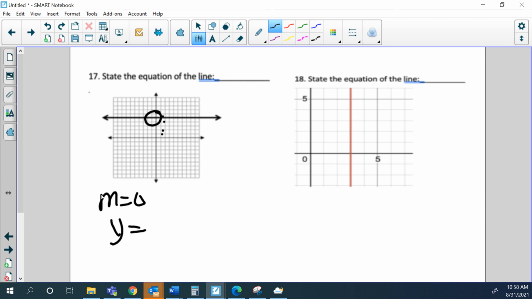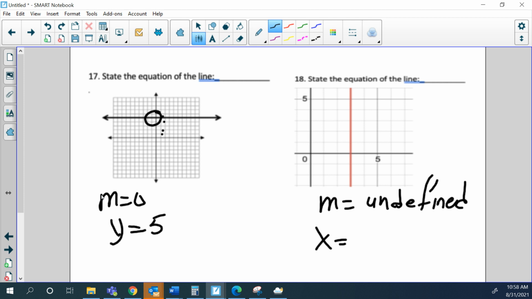It crosses the y-axis at 5. y equals 5. This one, we have a vertical line now, so we know the slope is undefined. Got to remember that, undefined. And then my equation now is going to be x, right? And it crosses the x-axis at 3, so x equals 3.